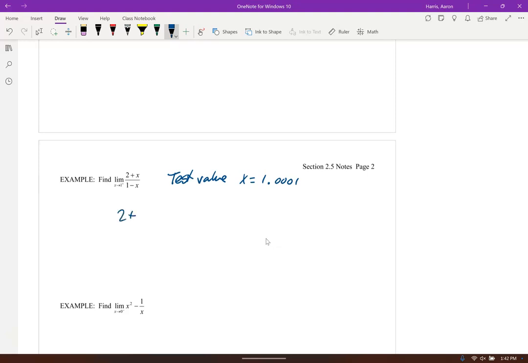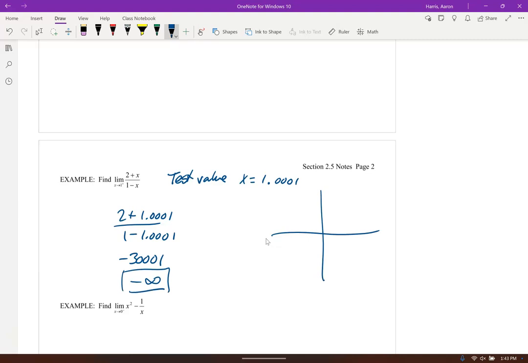So 2 plus 1.0001 over 1 minus 1.0001, and you'll get 30001, and hopefully you conclude that this thing is shooting to infinity.